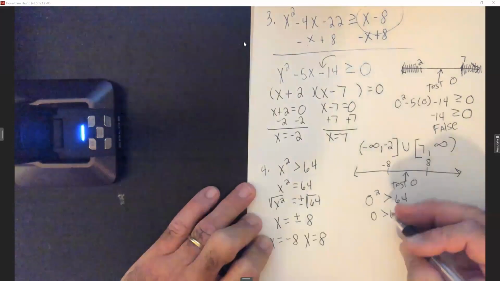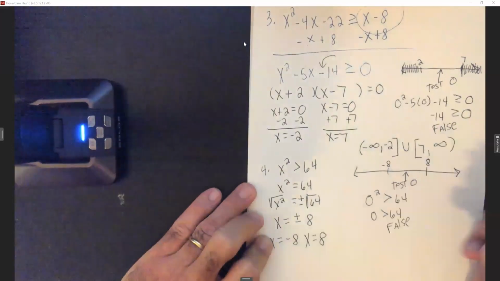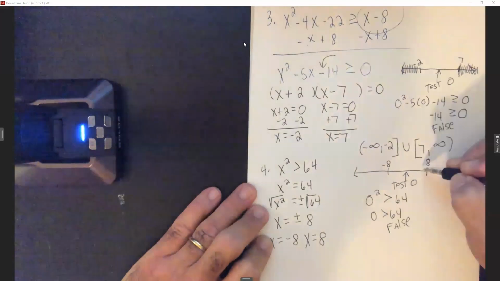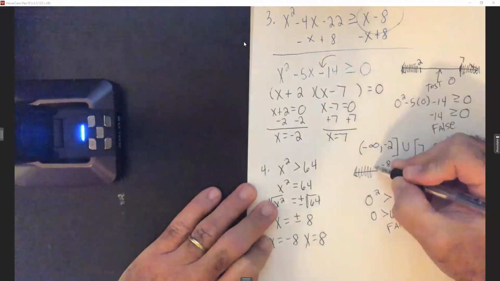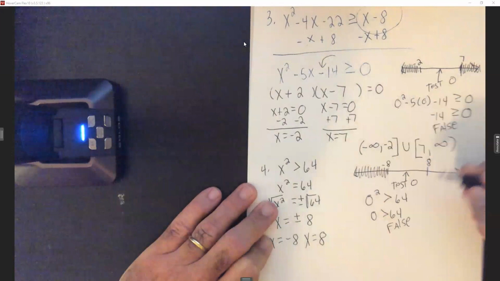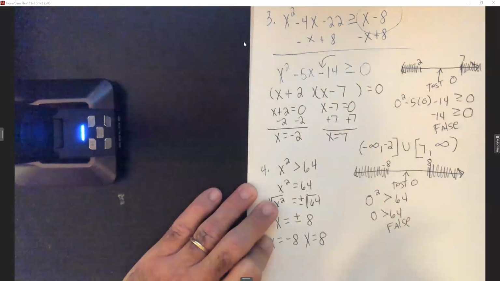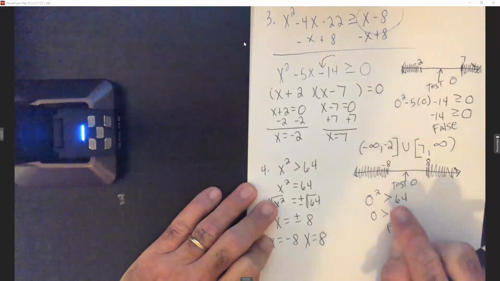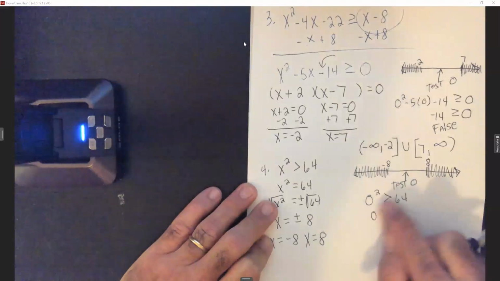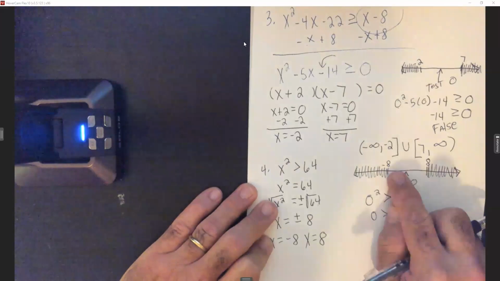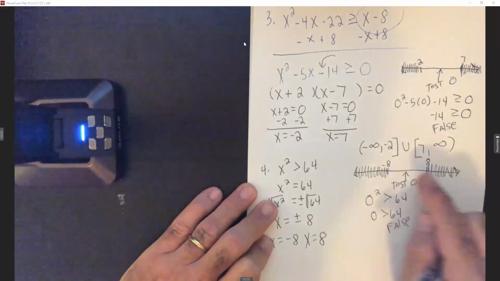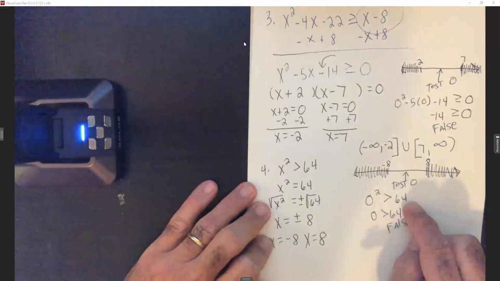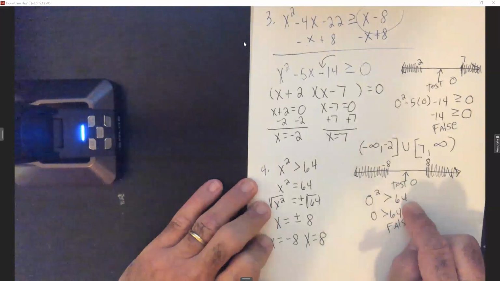So since that's false, we cannot shade where the 0 was, and we got to shade to the outsides. So any number outside of -8 and 8, when you square it, will give you a bigger number than 64. But any number in between here, like 7, 6, 5, when you square those, you'll get answers smaller than 64.